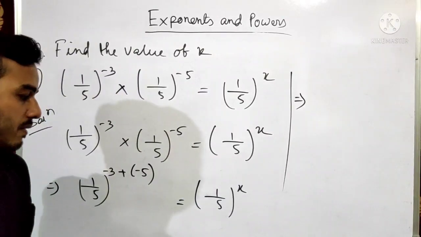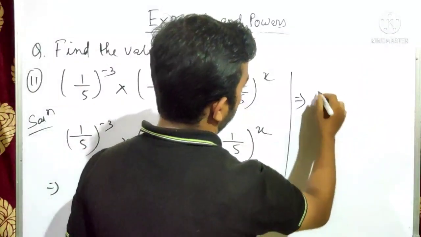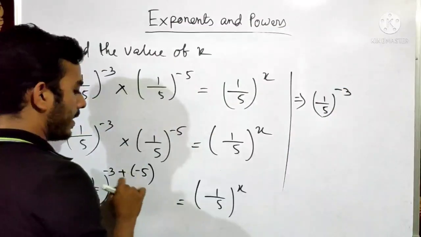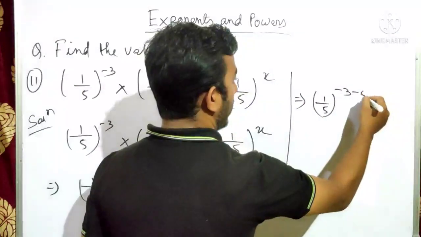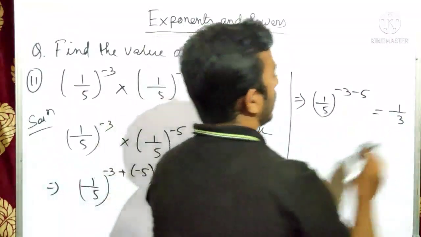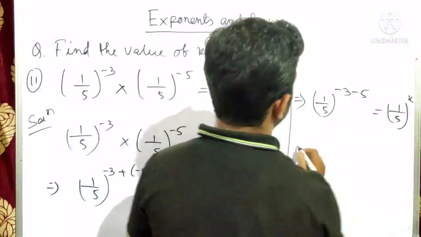So now minus 3 plus 5 is what? Let's have a look. 1 by 5 power, minus 3, first write minus 3, then plus minus is what? Minus 5 equals 1 by 5 power x.